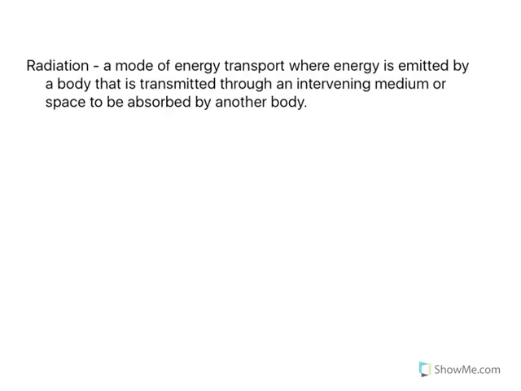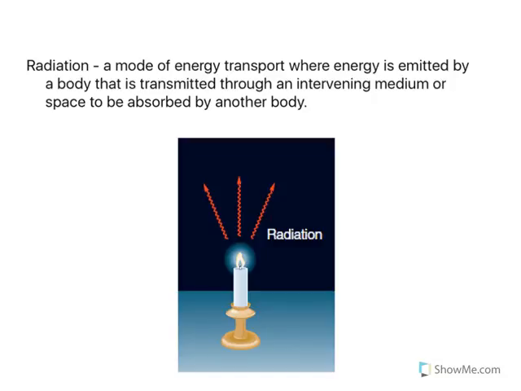Let's move on to radiation. Radiation is another mode of energy transport. In this case, energy is being emitted by a body, and that energy is being transferred through an intervening medium such as air or through space, and it is absorbed by another body. In this example from your textbook, we see an open flame, and this open flame is an energy source.